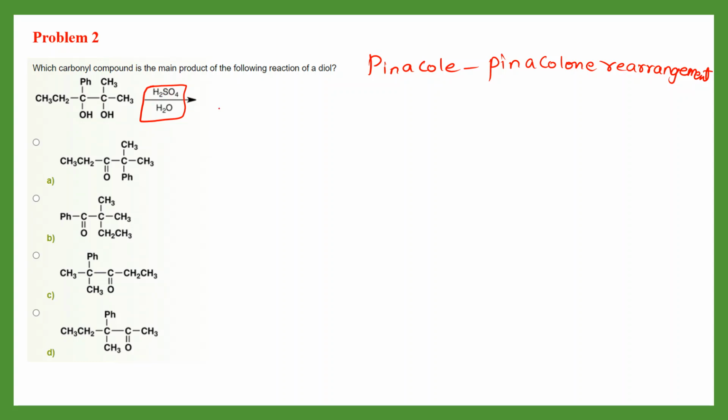The first step, just try, no issue if you are wrong, is protonation. Yes, very good. Tell me which hydroxyl you are going to protonate. Let me number this hydroxyl: OH number 1 or OH number 2. OH 2. Reason? A more stable carbocation will be formed after removal of water. Very good.